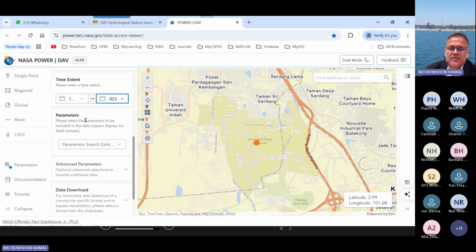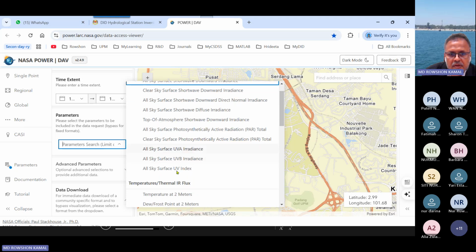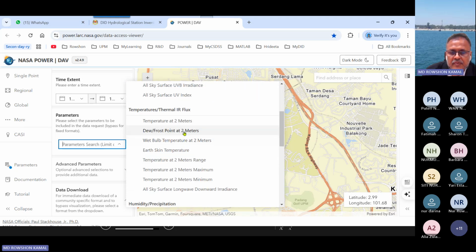So now, what parameters do you want? You can see the parameters here. You have clear sky, and this is the temperature. For our agriculture purpose, we have to use the temperature at 2 meters height, always 2 meters.